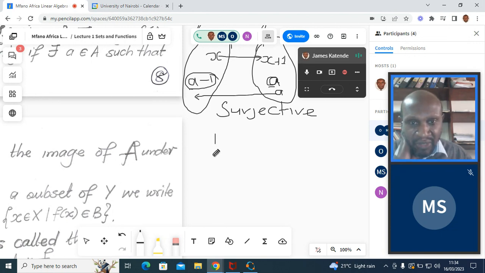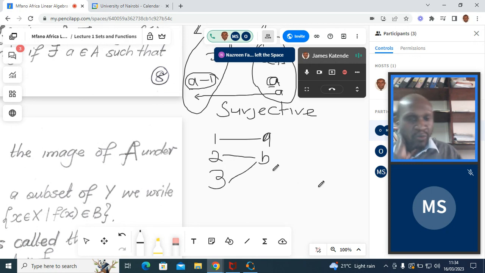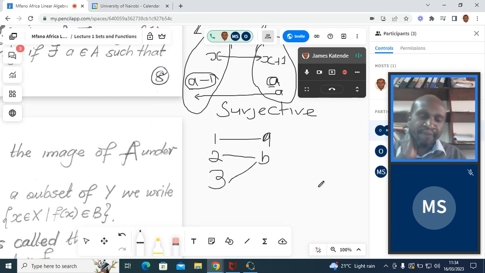Here is an example. If you have 1, 2, and 3, and A and B on this side, so 1 is sent to 2, 2 is sent to B, and 3 is also sent to B. So this fails to be an injective function. So if you want to get the inverse, you land into trouble because the inverse won't be a function.